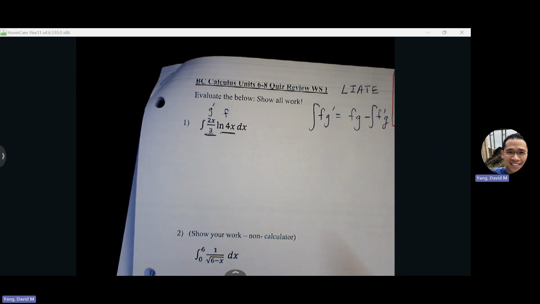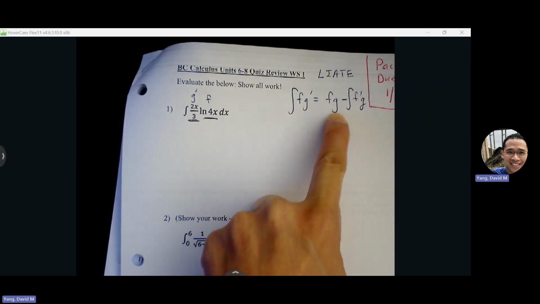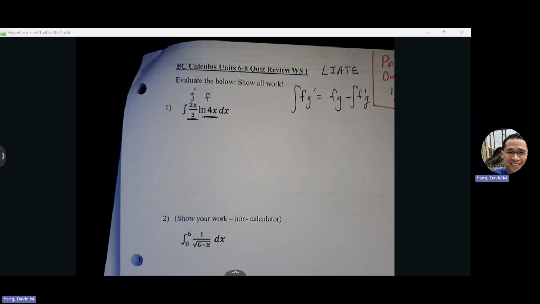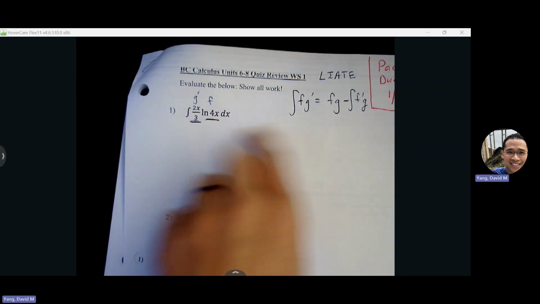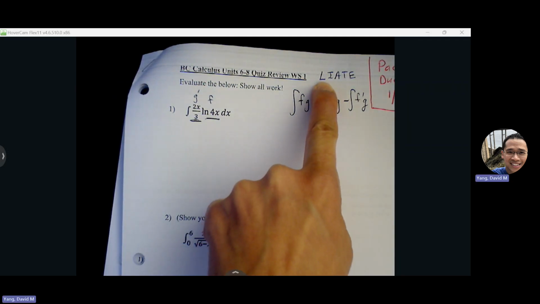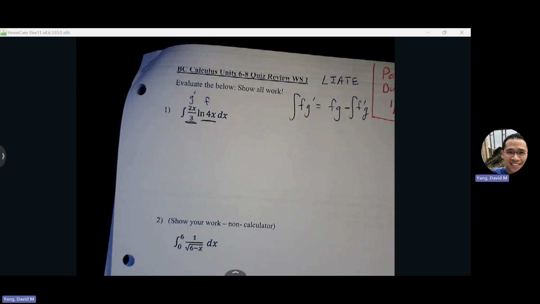If you see natural log, you're forced into the original formula. Make sure that your f is always your log, and then the other term is going to be your g prime.